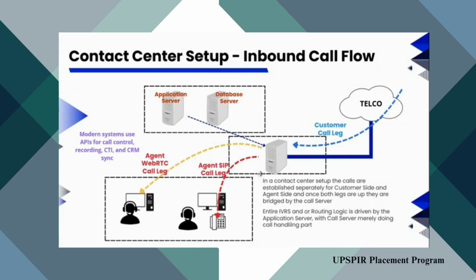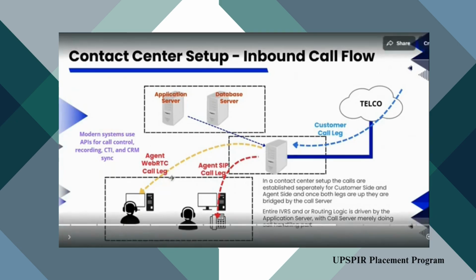Our call server is normally continuously in touch with our application server, so there will be an IVR or some kind of application. And basis the call routing logic we have built up, the call can go to the agent, whether it is a WebRTC call or a SIP call.